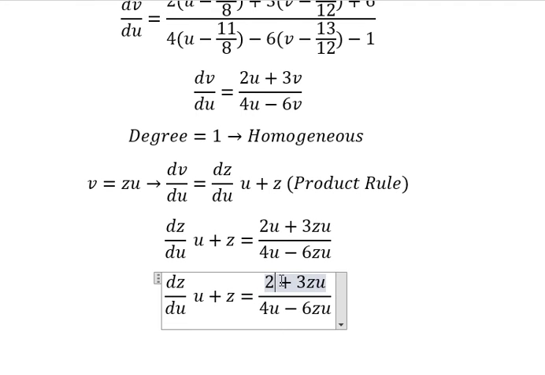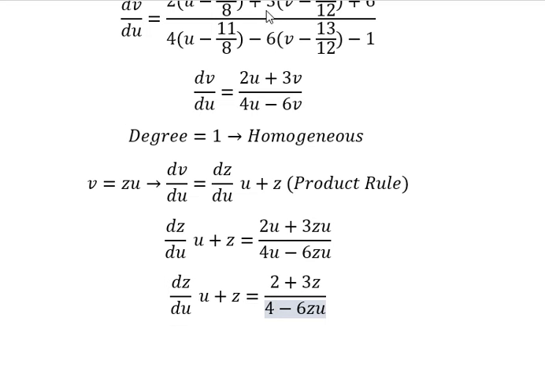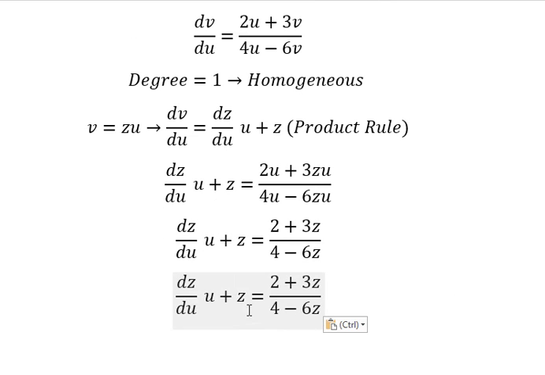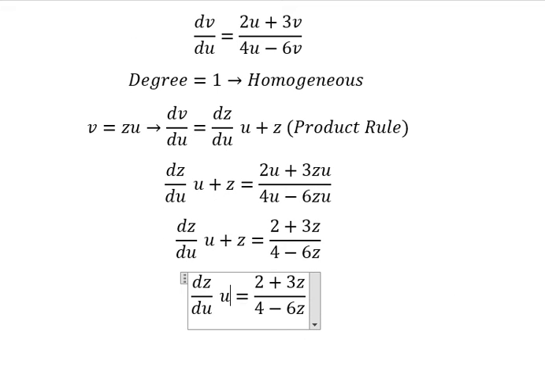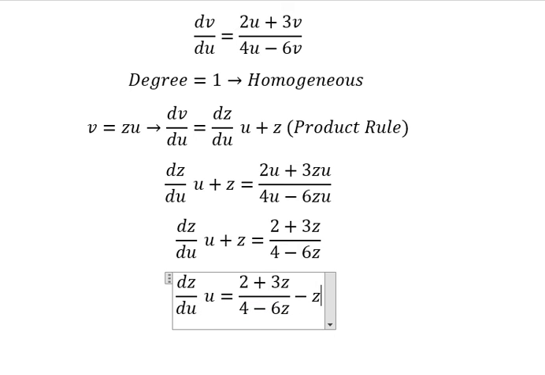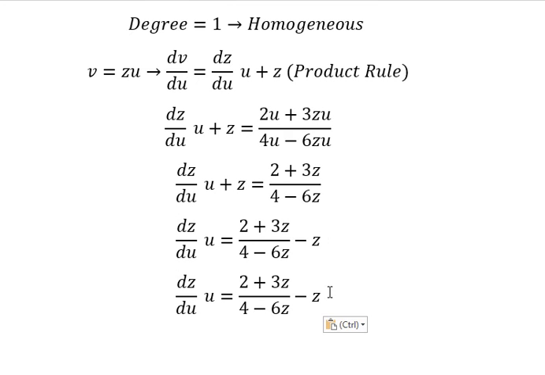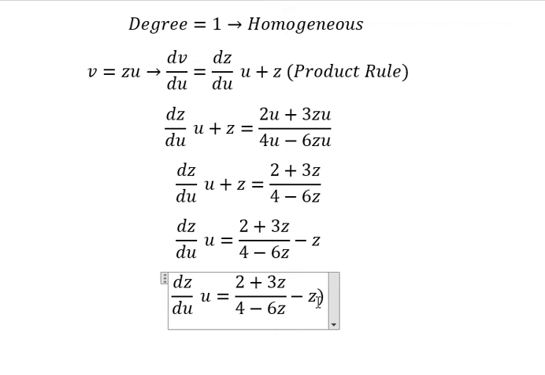We simplify. Next, about z, I will put on the right. Next, we do common denominator.